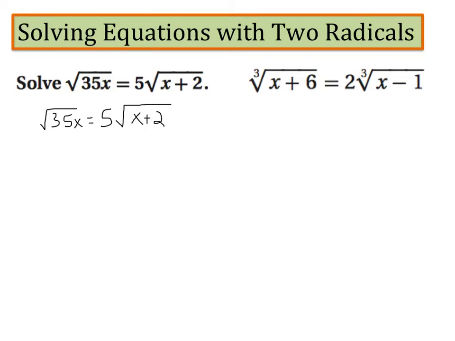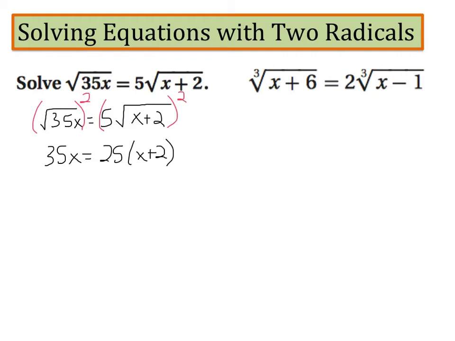So I have the square root of 35x, and I have 5 times the square root of x plus 2. I'm going to square both sides. That gets rid of the radical, which is what I want. So after I do that, I have 35x equals 25 times x plus 2.